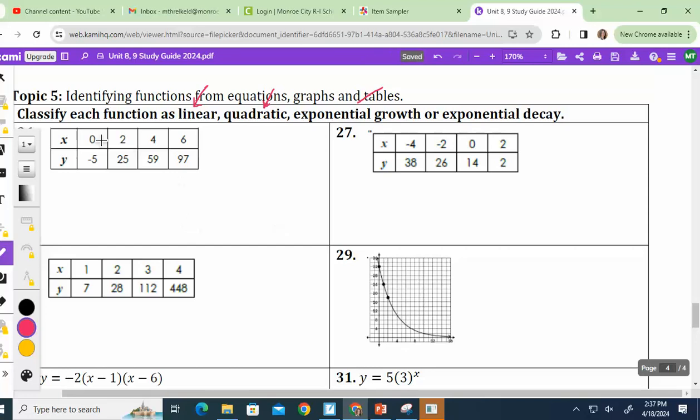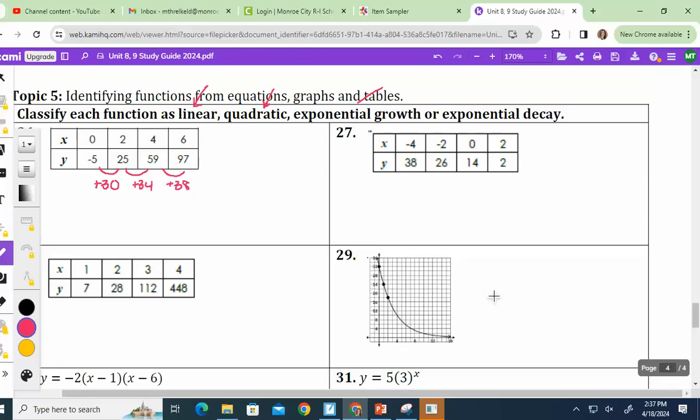All right, so we are looking, double check first. Did my x's follow the same pattern? Okay. So then let's look at our y's. To get from negative 5 to positive 25, what do we do? To get from 25 to 59, and to get from 59 to 97.